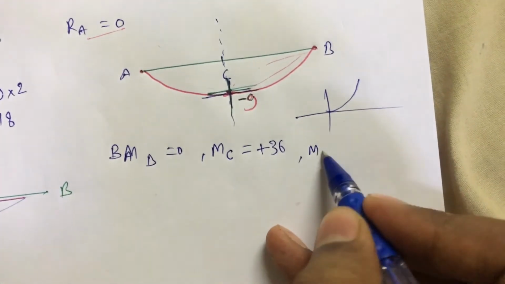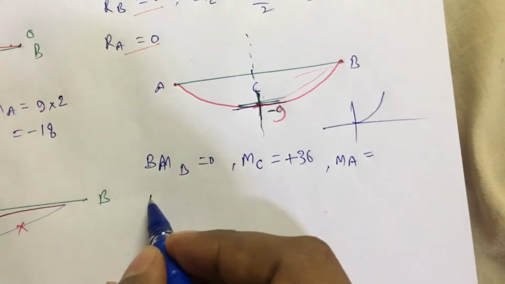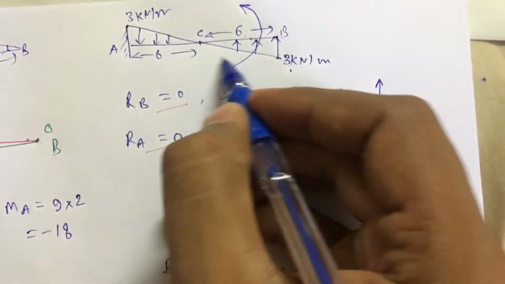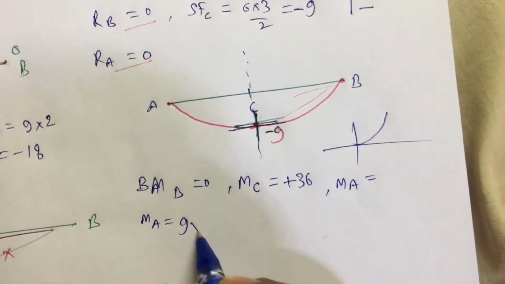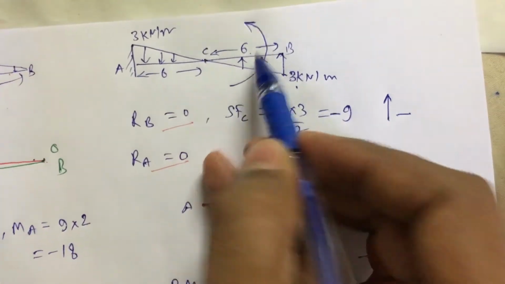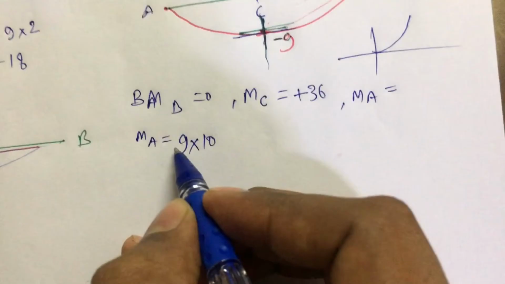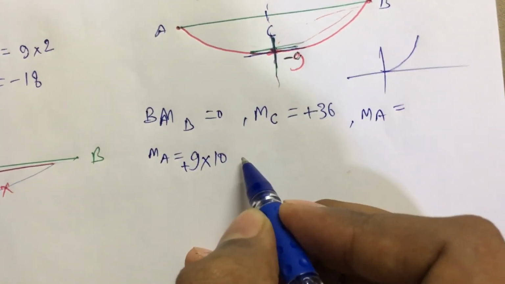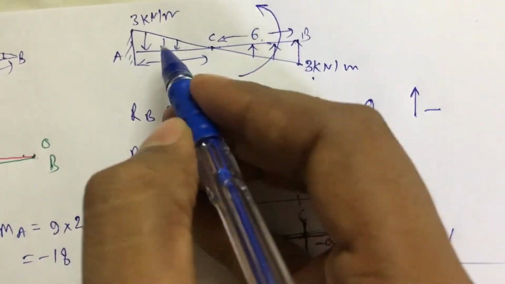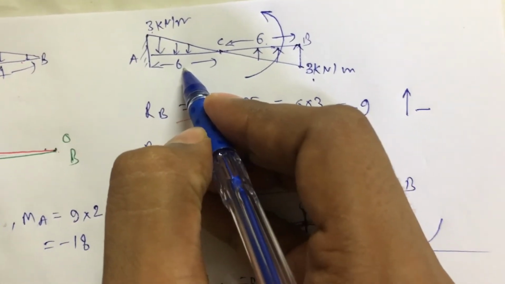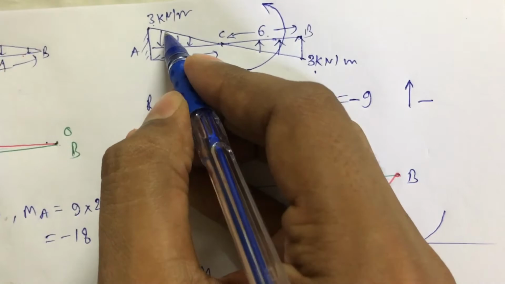Now bending moment at A. Bending moment at A means both the terms we have to consider, right? First of all, because of this part, the load is 9 and the distance is how much? This is 6 and this is 4, so 10, and positive, right? And because of this part, loading is how much? 3 into 6 by 2, 9, and it will work at 2.